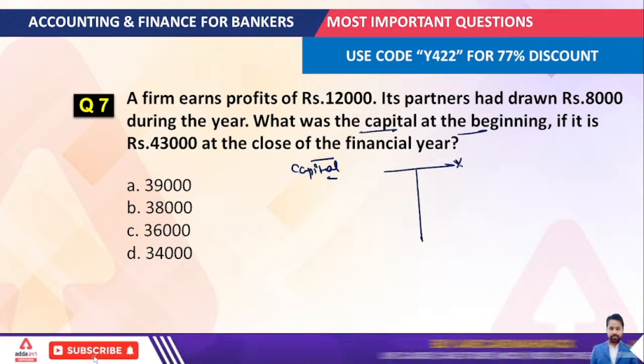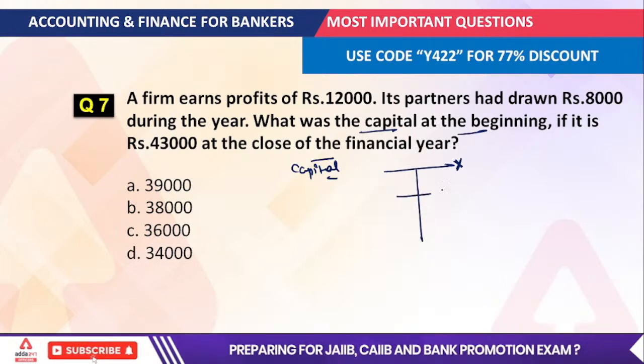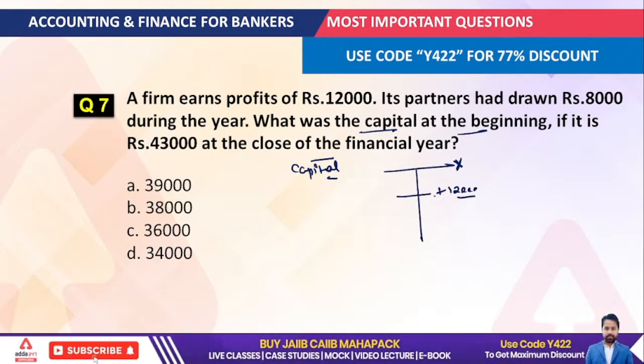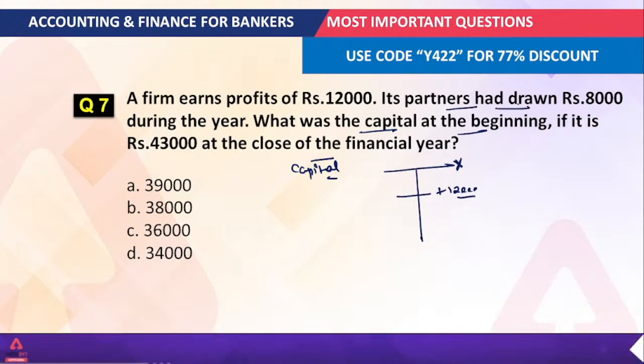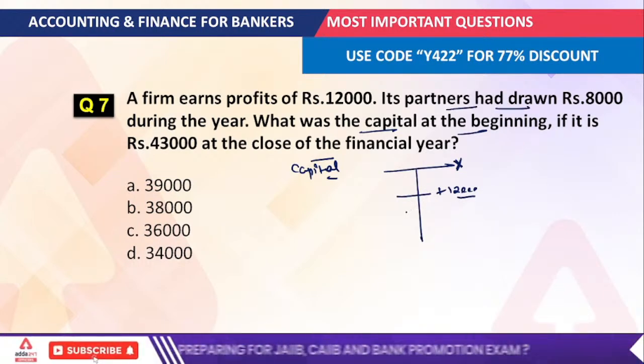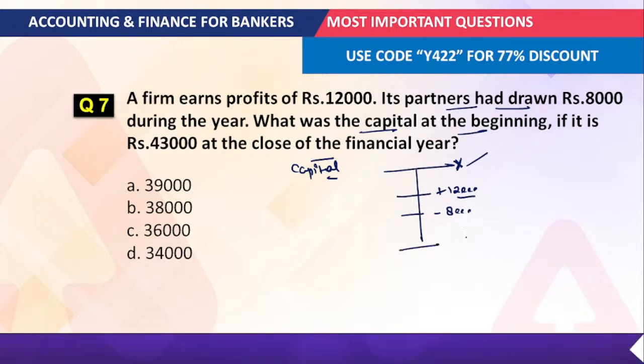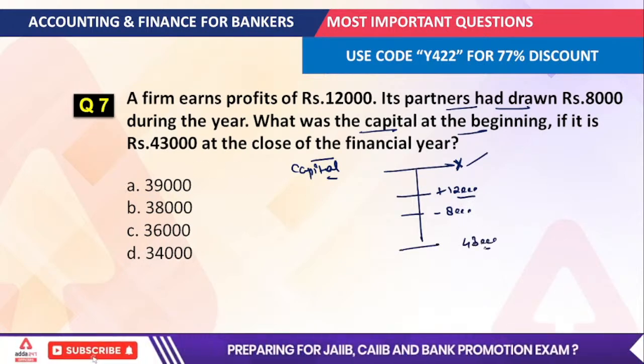So just write it as x. A firm earns a profit of 12,000, so add 12,000 rupees here, and its partner had drawn 8,000 rupees, so subtract this.